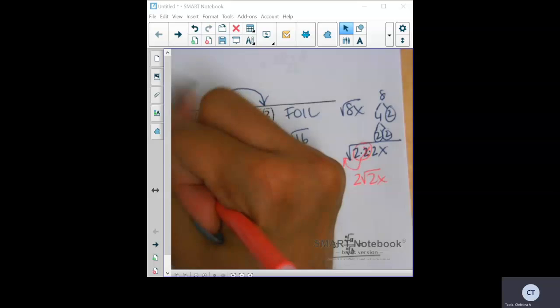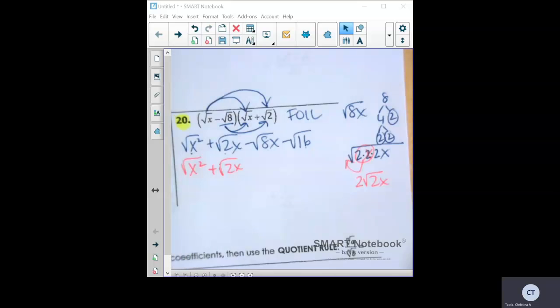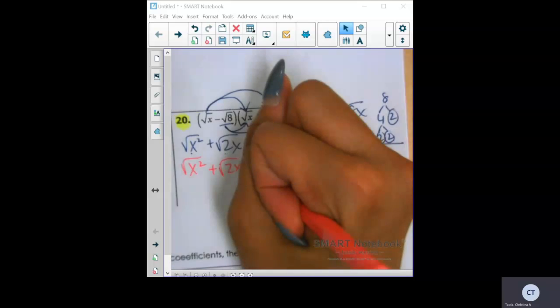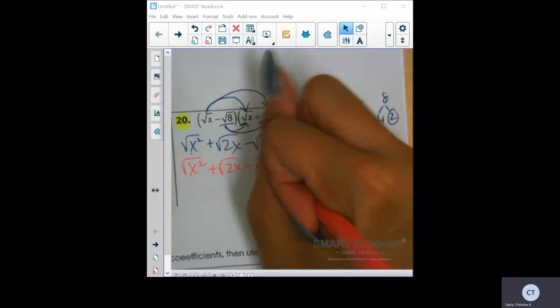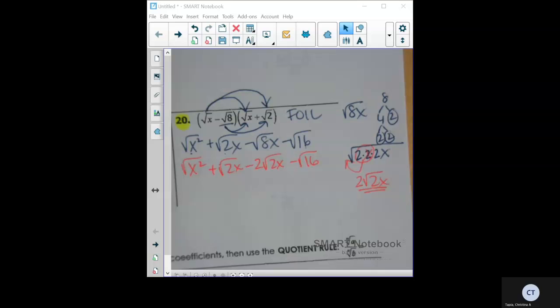So we're going to rewrite this as the square root of x squared plus square root of 2x. 8, we just said simplifies to what we just have in pink. So minus 2 square root of 2x minus the square root of 16. Can I combine anything here?